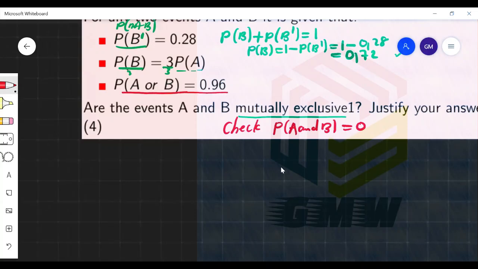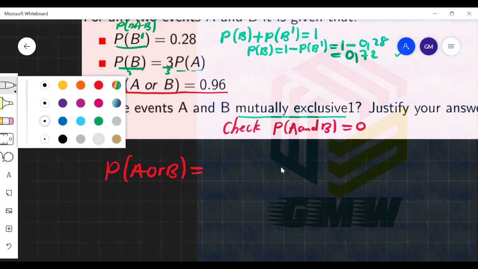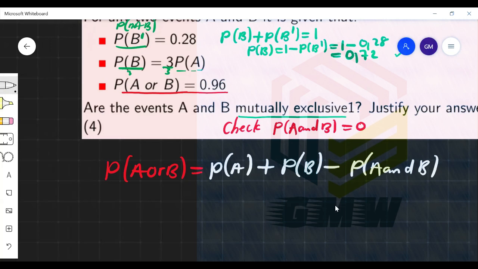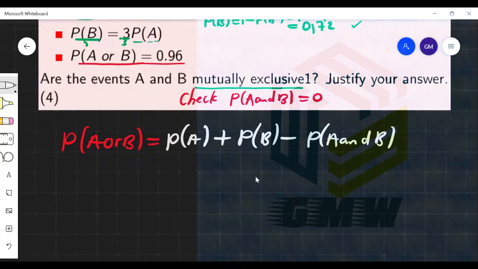Probability of A or B for any two events has a formula. What is that formula? It's P(A) plus P(B) minus P(A and B). Do you see that this formula has A or B, which we are given, but it also carries what we want to test, A and B?